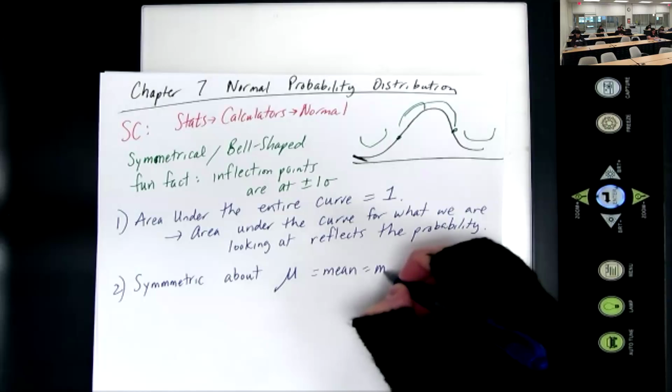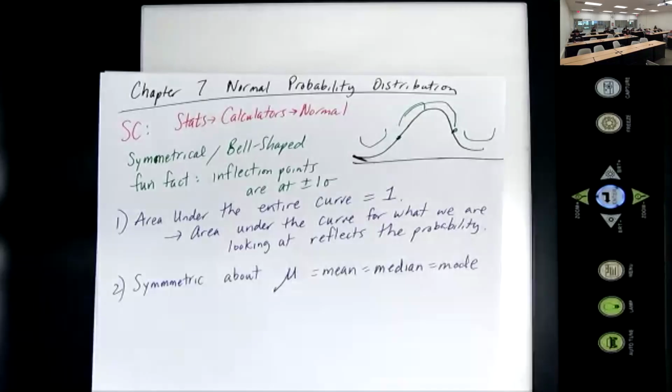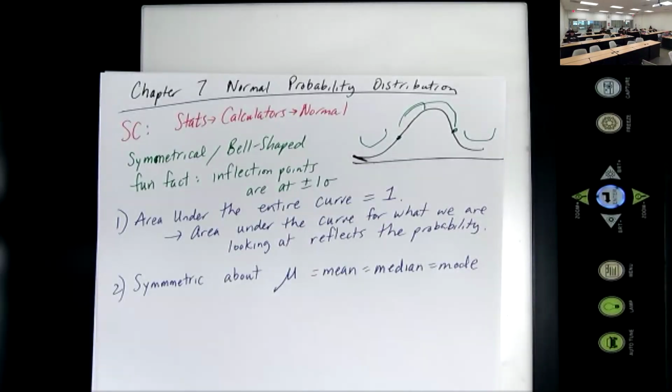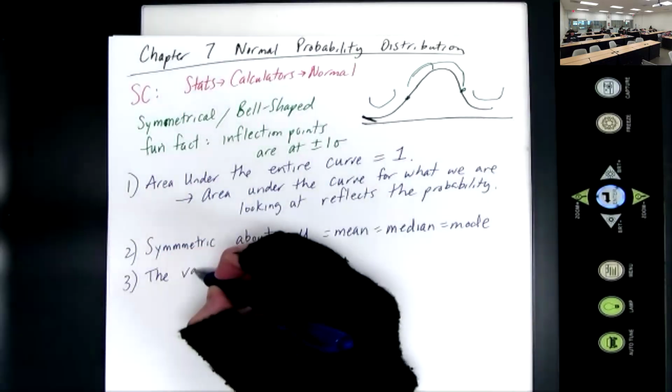On a bell curve, that happens to actually also be the median and the mode. The values increase from left to right, like a number line.